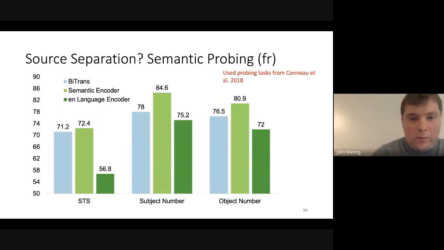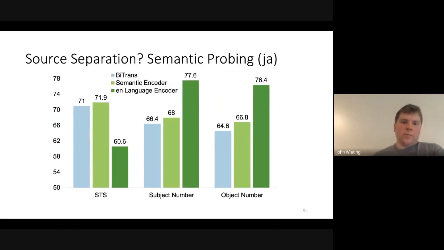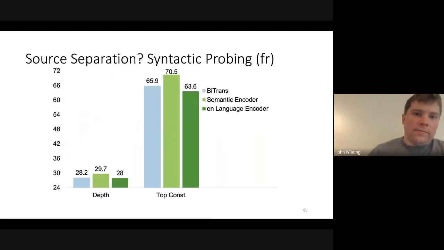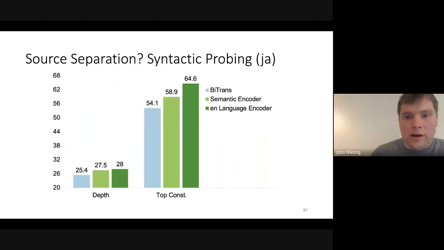It's outperforming the translation baseline, but more importantly, it's also outperforming the English encoder. But for Japanese, it's a little bit different: for subject and object, the English language-specific encoder is actually doing a better job of incorporating this information. Similarly for syntactic probing, for French the English-specific encoder is worse, but for Japanese it's a little bit better.